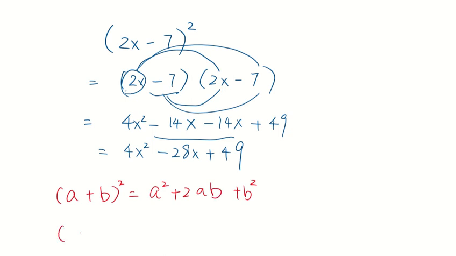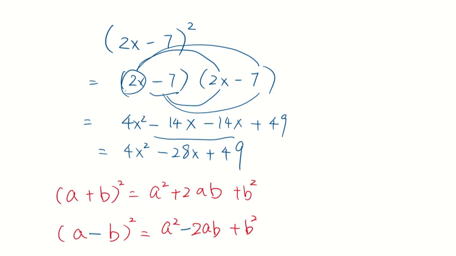If you have a minus b squared, then you have the same a squared plus b squared. In the middle, you also have a 2ab, but it's a negative 2ab. Alright, so this is the formula.